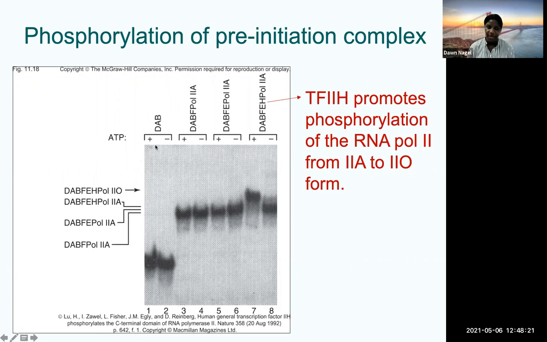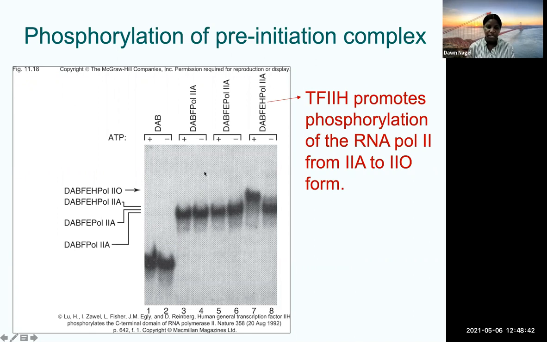So the first two lanes are with the general transcription factors TFIID, A, and B. In the presence of ATP or in the absence of ATP, you don't see any complex being formed because there's no polymerase in this complex, okay? So there's nothing to phosphorylate to begin with.